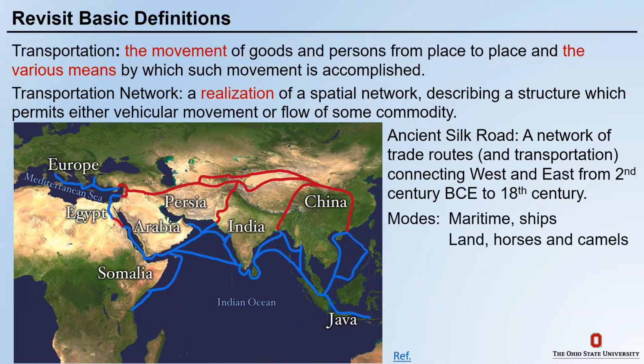What are the specific means or methods used here? For maritime, of course, ships. For land, there could be horses, camels, or wagons, but wagons were pulled by horses or camels. Back then, we did not have automobiles or airplanes.